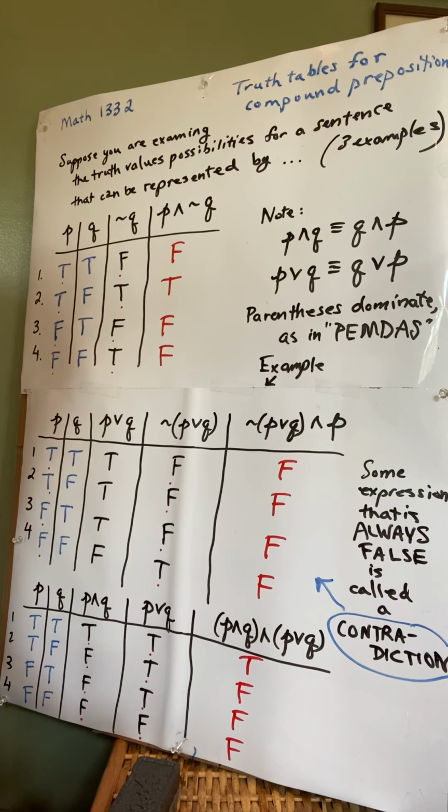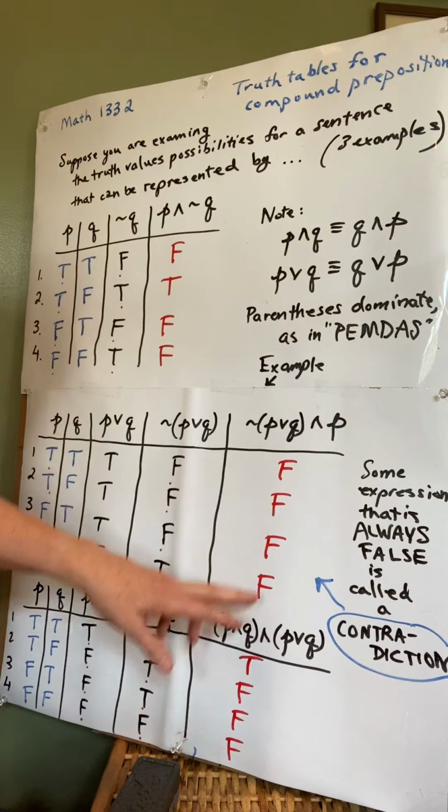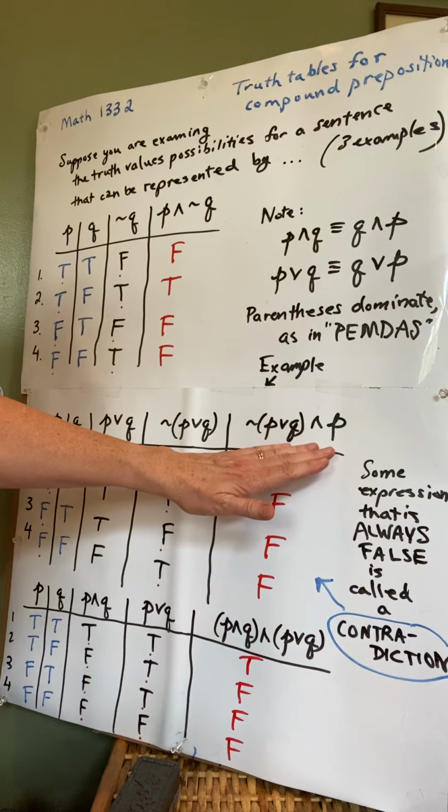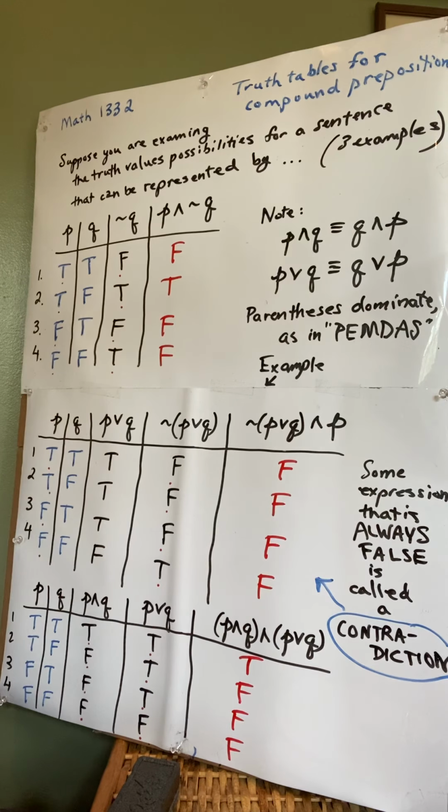Contradiction will usually do it, but let's go with what they want because you have to answer their online homework and quizzes. So they would call this a self-contradiction. This statement is false no matter what the truth values of P and Q put in. Very interesting. Let's try a third example.